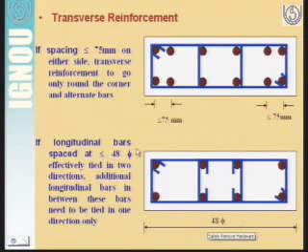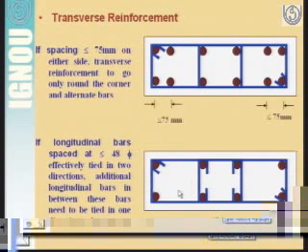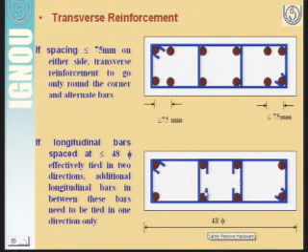But if the longitudinal bars are spaced at less than or equal to 48 phi, where phi is the diameter of the transverse reinforcement, then in that case we should effectively tie them in two directions, and additional longitudinal bars in between these bars need to be tied in one direction only.